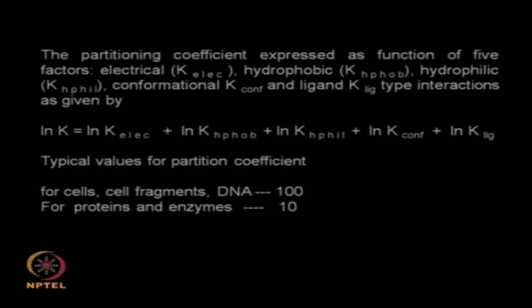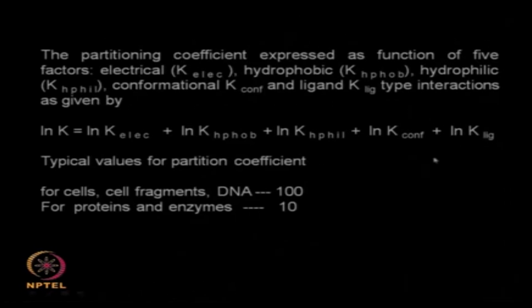The partition coefficient of the protein into the water containing the biopolymer will be a function of many parameters. As I said, they are all non-bonded interactions. The interactions could be electrostatic in nature, hydrophobic, hydrophilic, conformational, ligand binding and so on.